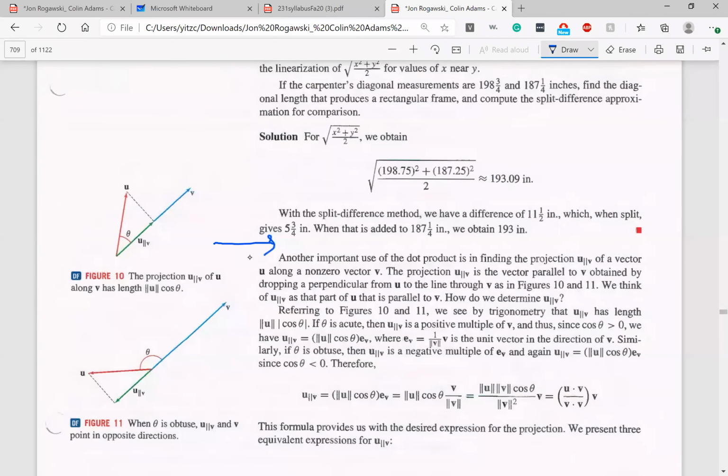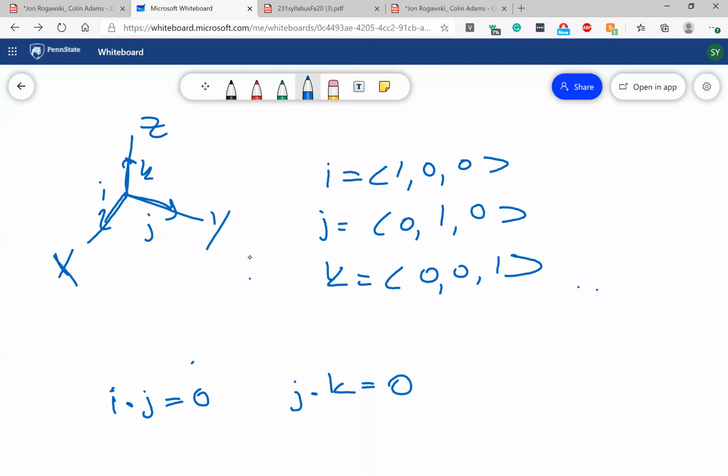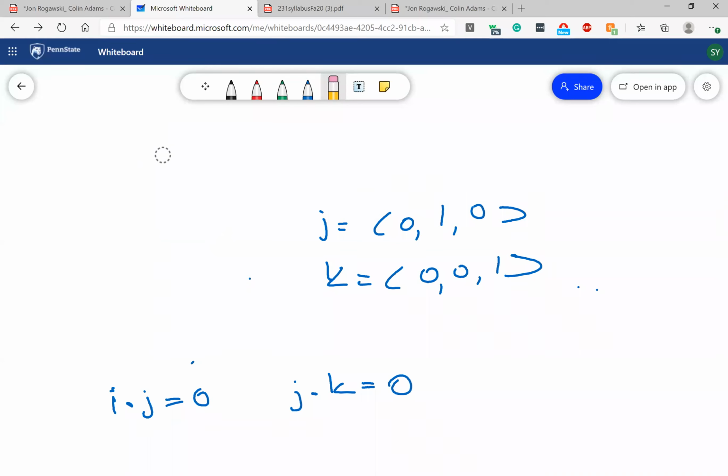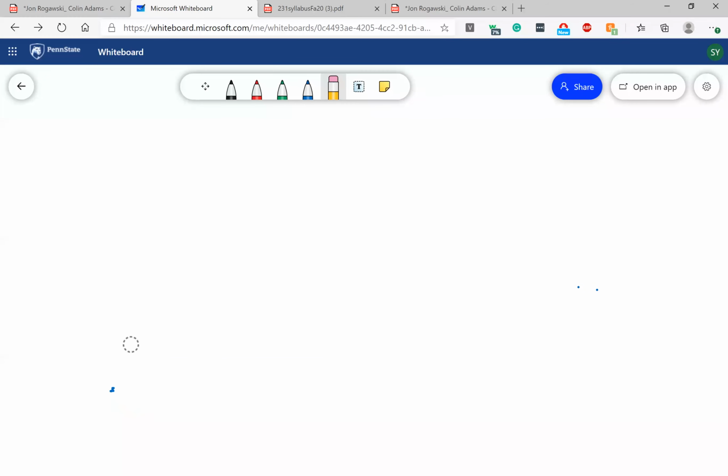Okay, so projections are very important. And what we are trying to do is take two vectors. So here's my vector v, and here is my vector w.